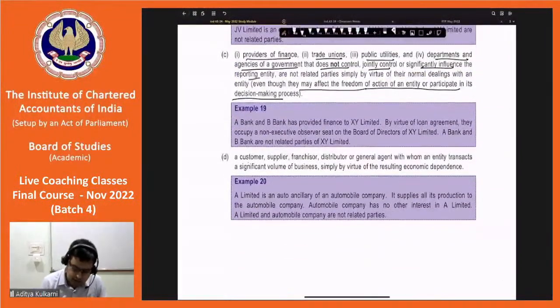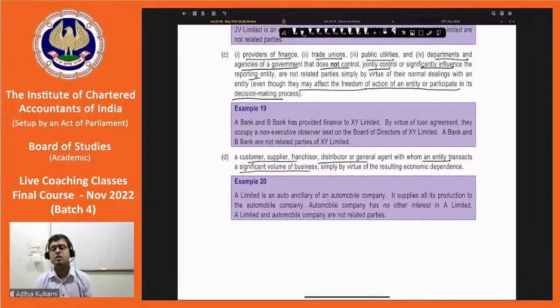Next one, customer, supplier, franchisor, etc., with whom there is a significant volume of business. Suppose you are purchasing goods from one supplier and the purchases you are making is equal to 90% of the total purchases during the year. Now, when that is the case, can you say that the supplier is a related party? No, you cannot. You cannot say that he is your related party.